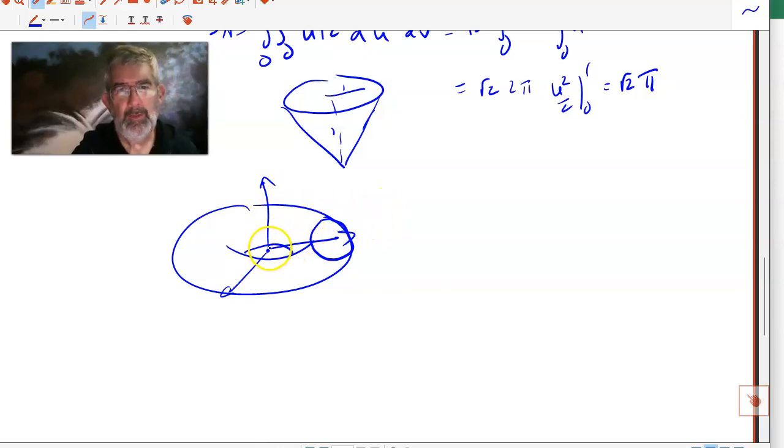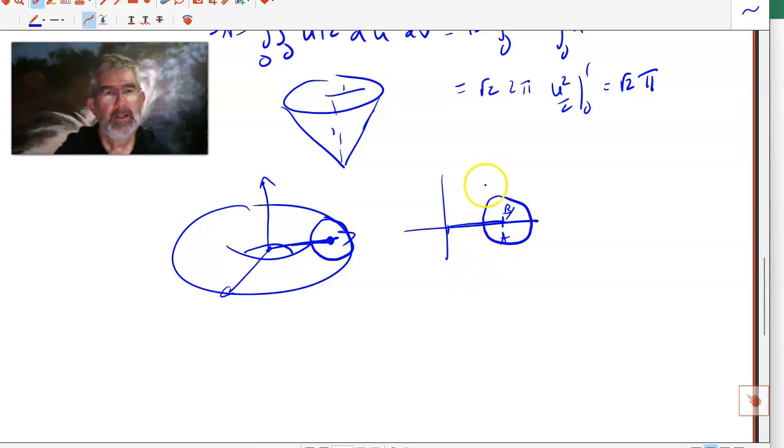So I want to say the radius from the origin to the center of this circle, let's call that A. Right? So here to here is just A. And then the radius of that circle is B. So the parametric representation that we're going to have for this, again, this was an example we did in the last video as well.